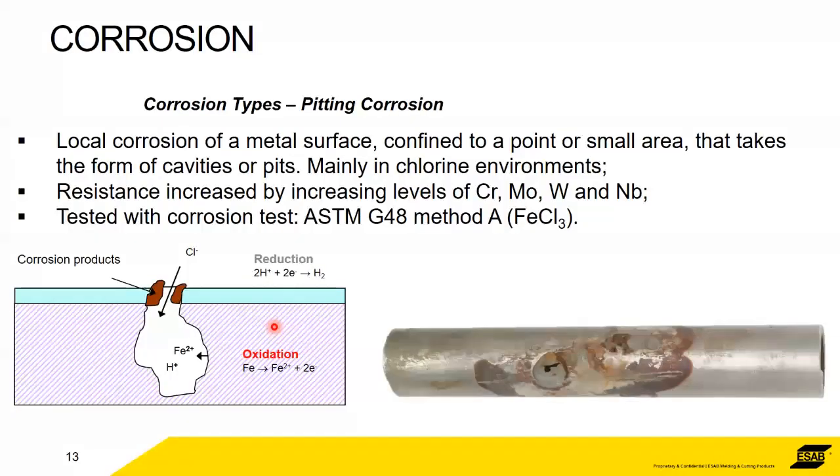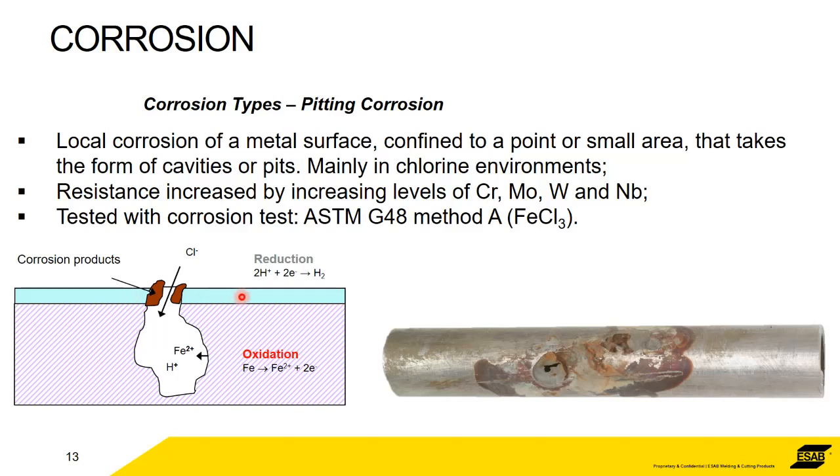Utilising corrosion resistant properties, I just want to touch briefly on the most common types of corrosion and why the nickel alloys are so good at resisting them. Pitting corrosion is a result of the passive surface. All stainless steels and nickels have a nickel oxide or chromium oxide surface that's passive.